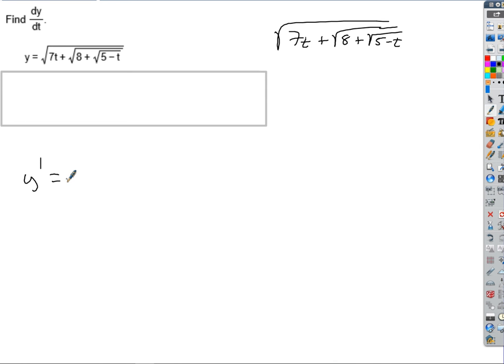So what's the derivative of "stuff" to the 1/2? 1/2 times stuff to the negative 1/2, the same thing as 1/2 times one over the square root of stuff, right? So the first layer then is going to be 1/2 times the square root of all that stuff, right?